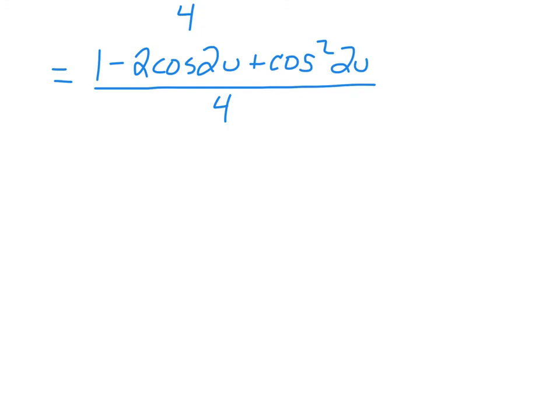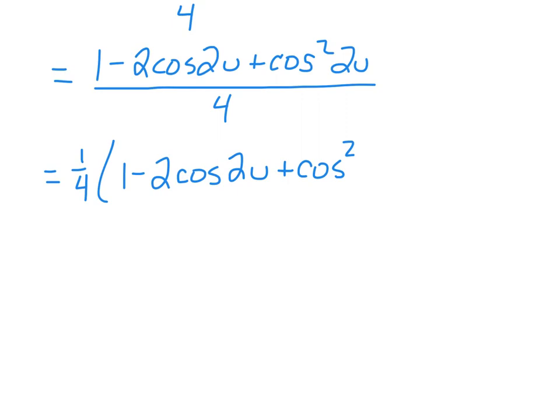I'm going to take the 1/4 out to make this a little bit easier to look at, because we're not quite done, because again the directions are asking us to rewrite it as the first power of cosine.